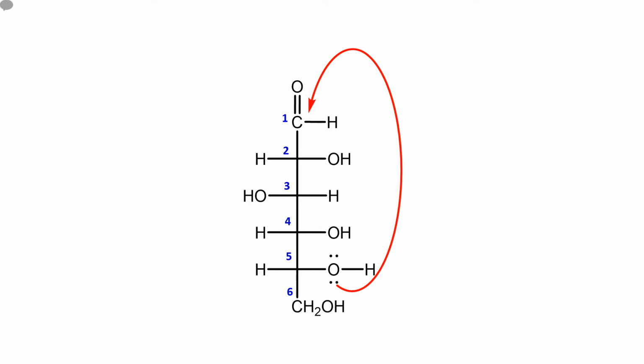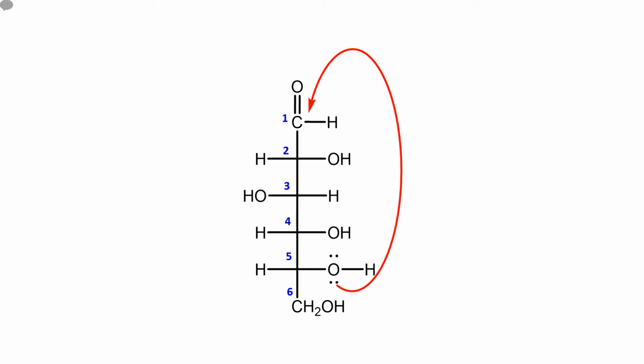So if a ring can form with a total of 6 atoms, this is the option that will likely occur, specifically for these hexoses. So in the case of glucose and any of these other aldohexoses that we discussed, carbon 5, which is your chiral carbon that is farthest away, has the alcohol functional group that reacts to form the hemiacetal.